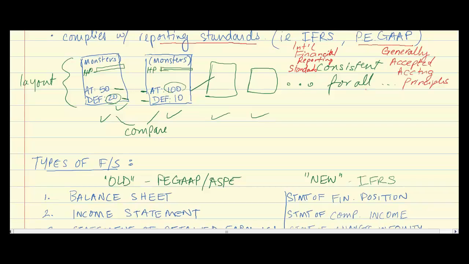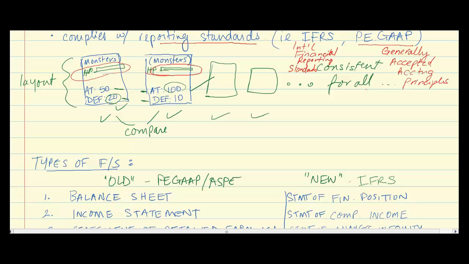The reason I want to emphasize consistency is because, let's take a look at a very dumbed down example, but something that you might be familiar with. Let's just say you had trading cards. I have 2 trading cards here. I have 2 monsters, and it's pretty consistent. They have hit points right here, HP. They have attack, they have defense.